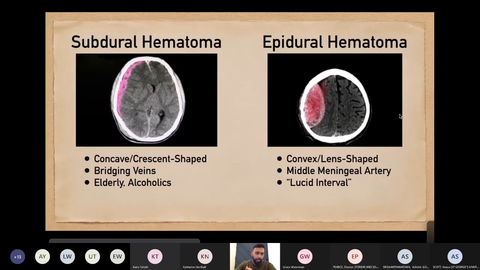I remember in first year somebody said to me that the banana shape is the subdural and the lemon shape is the epidural. You could probably answer a few questions with that, but I don't think it's very helpful.